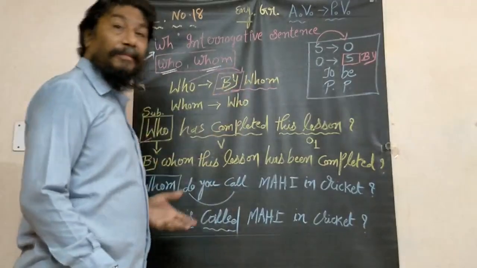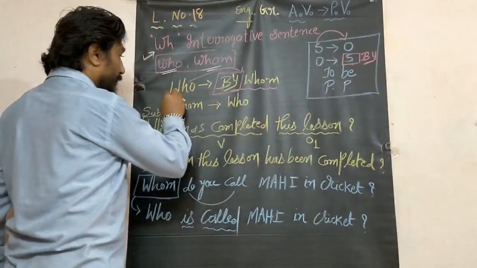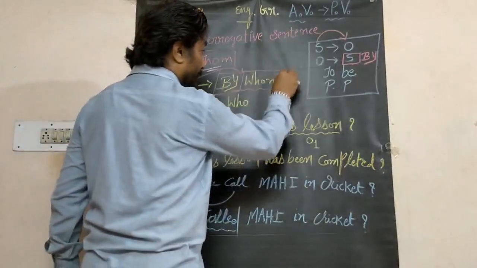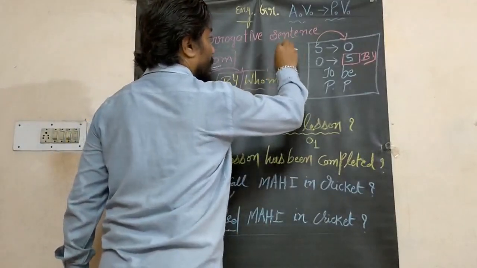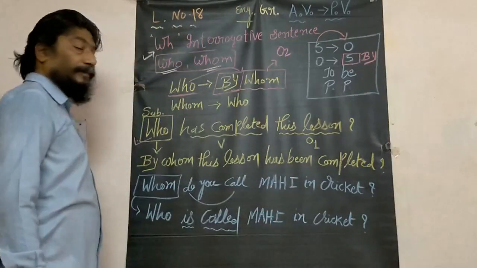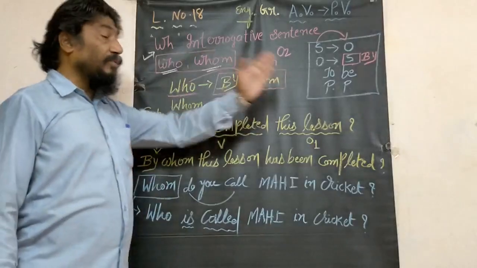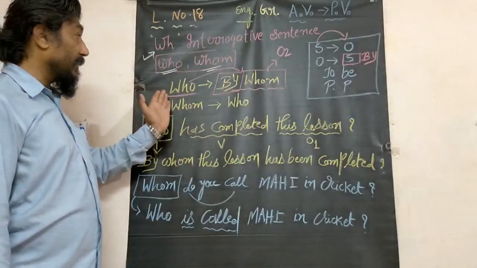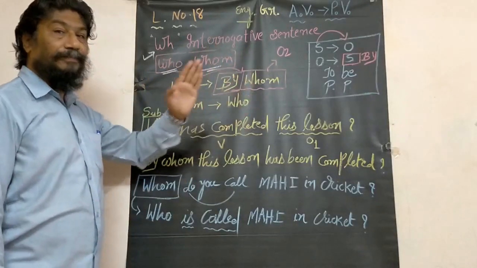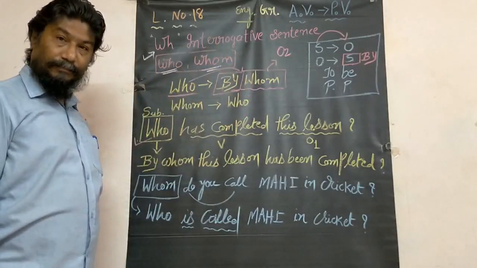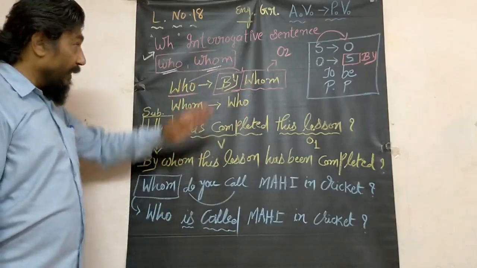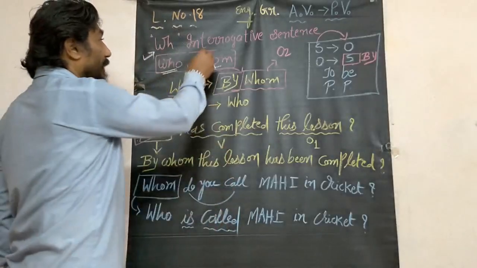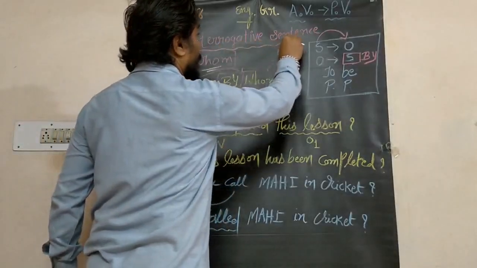You will ask where we have made S2O. Same thing. Who requires a subject, but whom requires O2, and so that only who is converted into by whom. We are using it in the initial place of the sentence. Why is it so? Because we are here with an interrogative sentence.